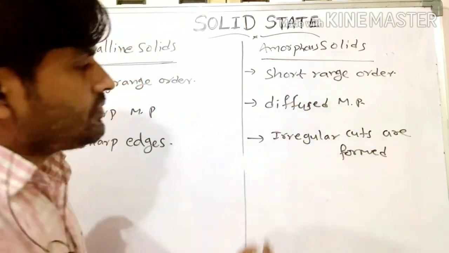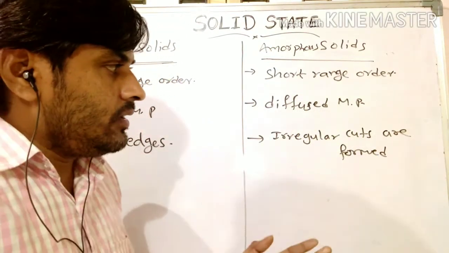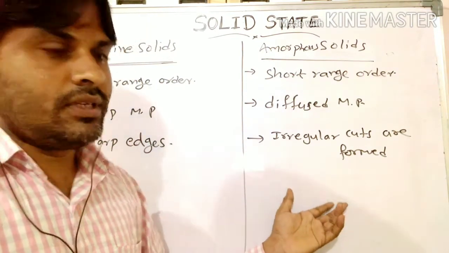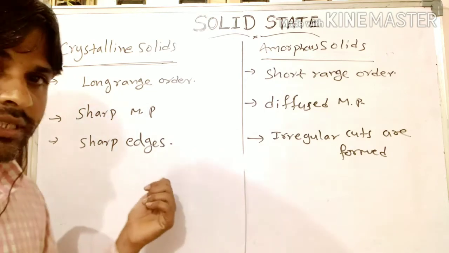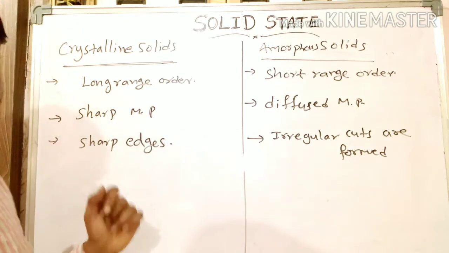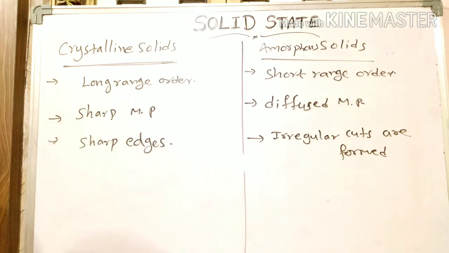So the next differences: sharp melting point and sharp edges.